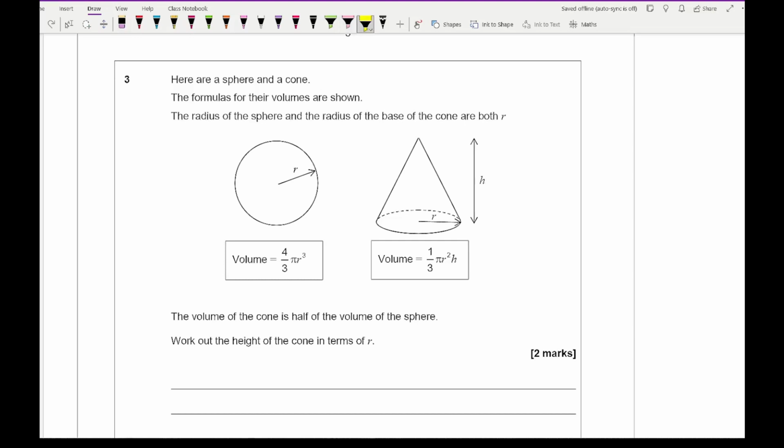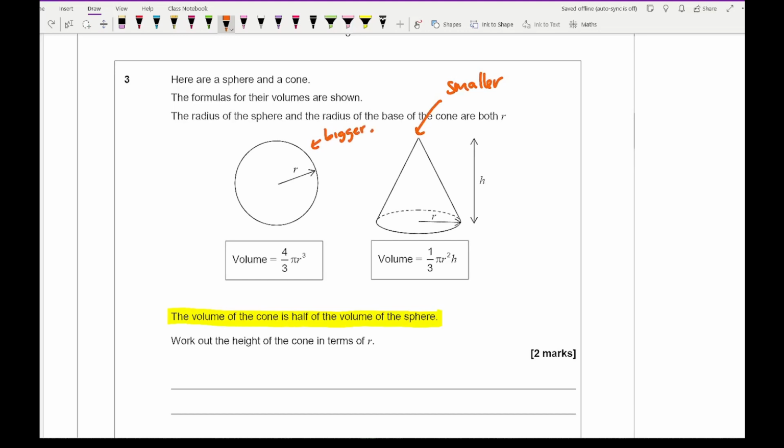Now, looking at this bit of information, which is probably the most important bit, there are two ways in which you can interpret this. It says that the cone is half the volume of the sphere. So the cone is the smaller shape, and the sphere is the bigger shape.